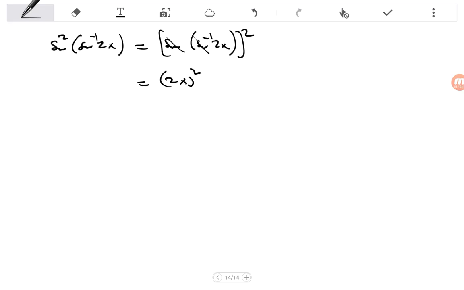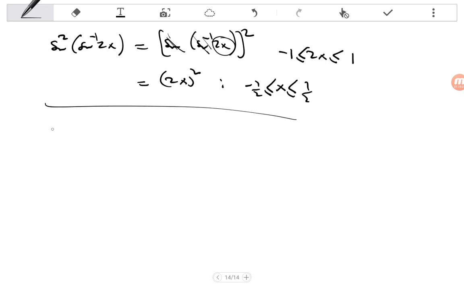I will have 2x all squared. But for them to cancel, the 2x must satisfy the restrictions on the input of a sine inverse, that it must be from negative 1 to 1. So this function has an imposed domain of negative half to half.